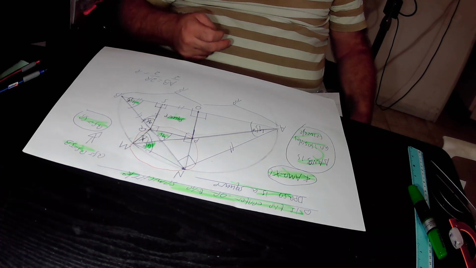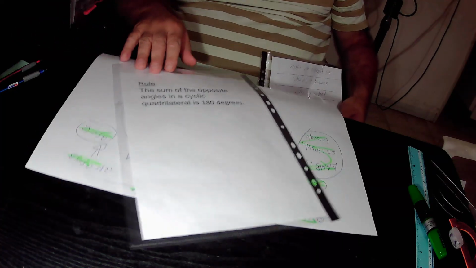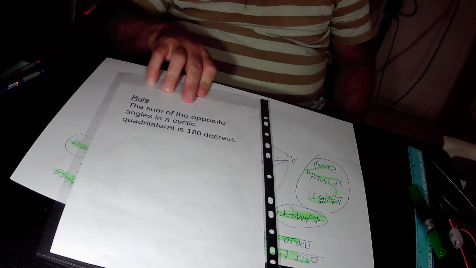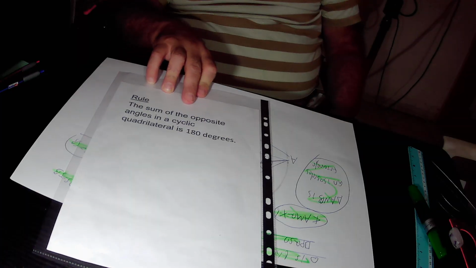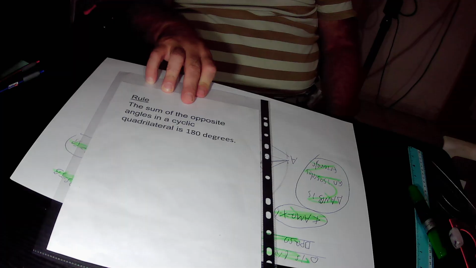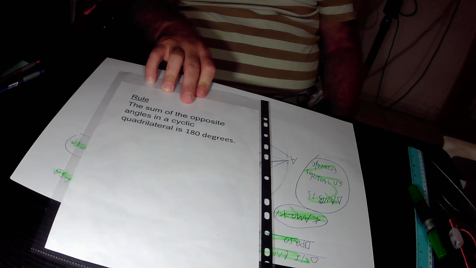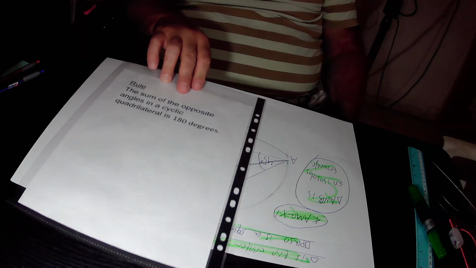Now we can apply the rule that says the sum of the 2 opposite angles in a cyclic quadrilateral is equal to 180 degrees. Again, the sum of the 2 opposite angles in a cyclic quadrilateral is equal to 180 degrees.